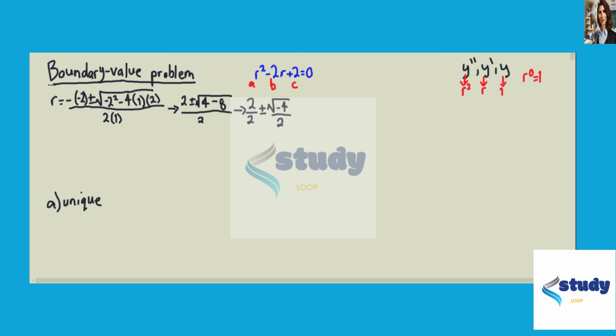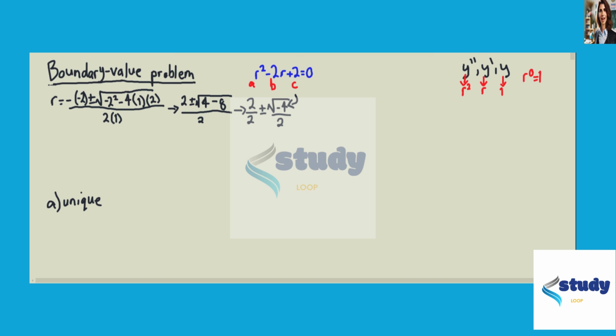Now before we simplify any further, let's note that this discriminant, the -4, is negative, because this determines which equation we are going to be using, which equation we will be plugging this r value into.